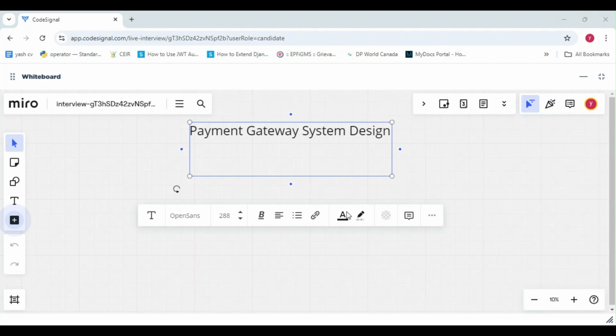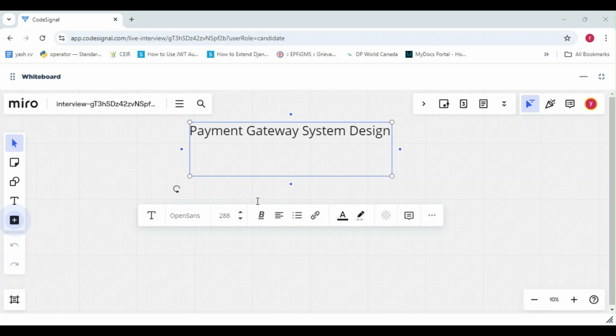What is a payment gateway? Basically, a payment gateway allows us to make payments online. So when we go to Amazon, Amazon has a payment gateway through which we can make the payment online while we purchase goods, right? A payment gateway supports all types of payments like cards, wallets, net banking, and UPI.